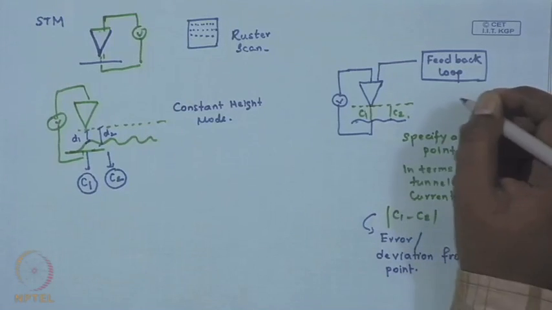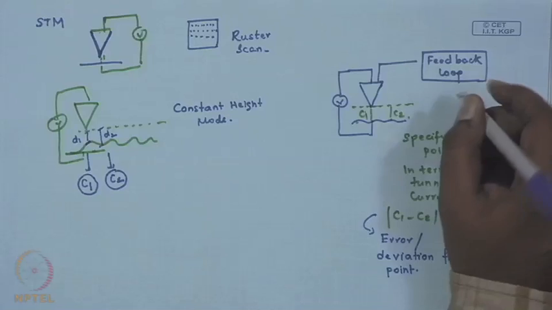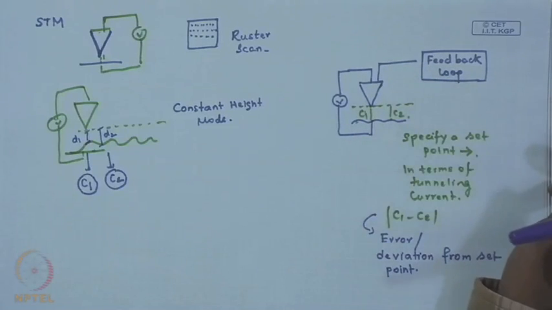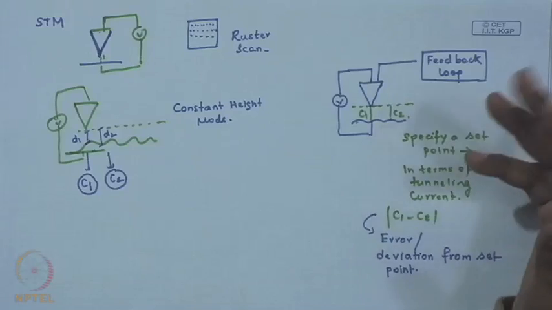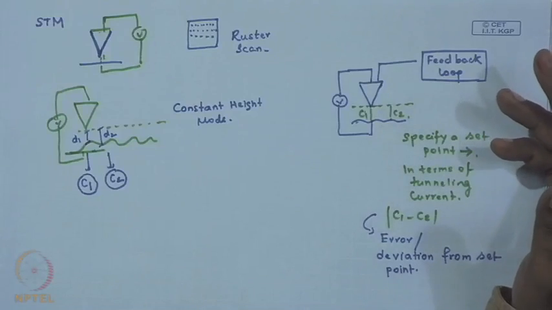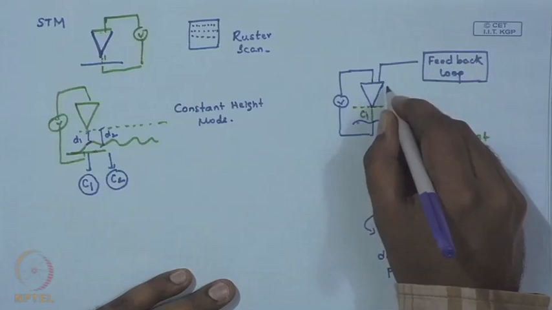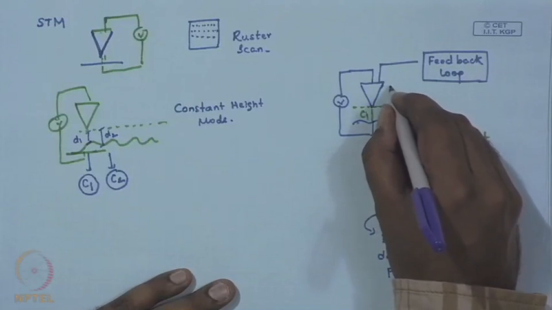This error is now fed to the feedback loop, which then allows the tip to move up or down. Okay. How it is moved, we will discuss when we talk about an atomic force microscope, but this error is fed to the feedback loop so that it adjusts the position of the tip.